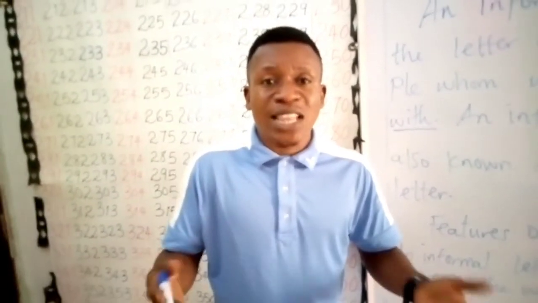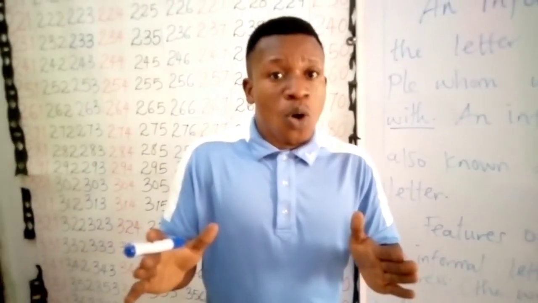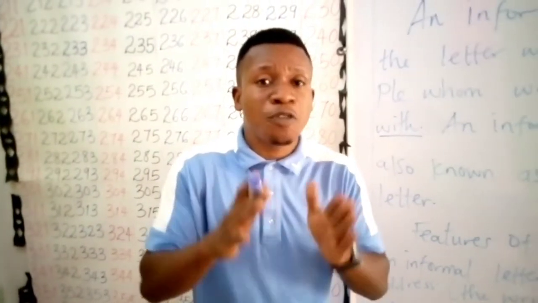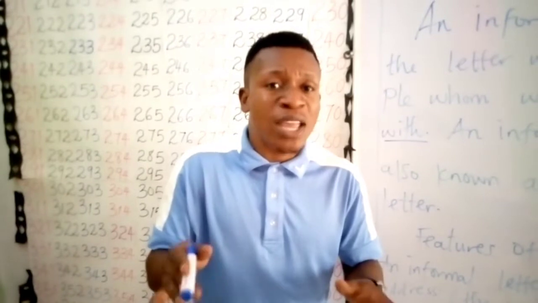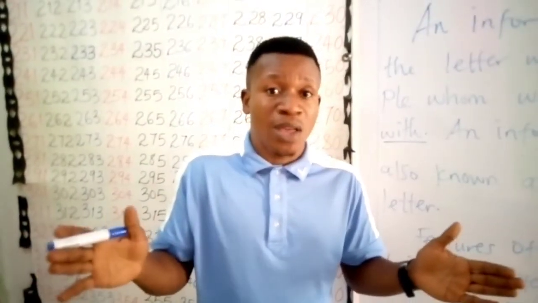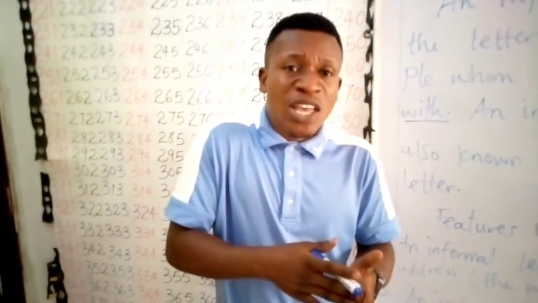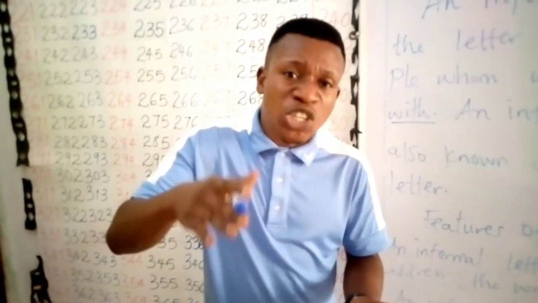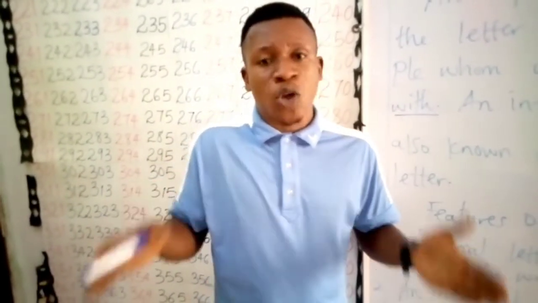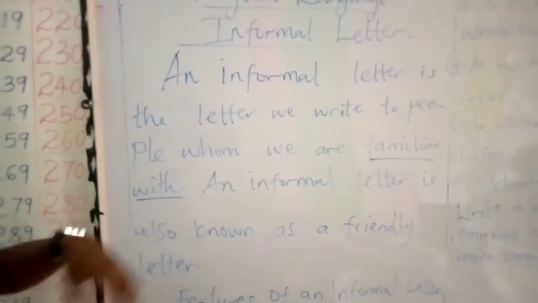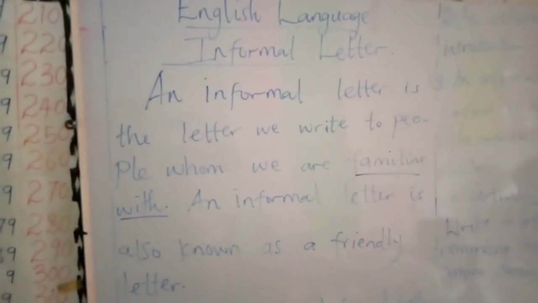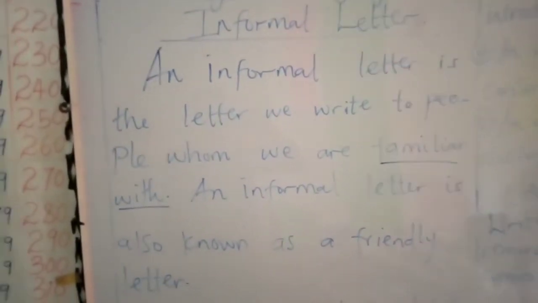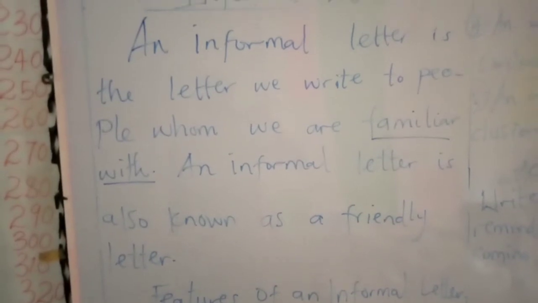So it's unlike the formal letter where you have to be formal. You have to pick your words because these people you are not familiar with, and you're writing in respect to the position or authority they are occupying. So that is why it's different from this. In this case, you are free to freestyle your usage of language. You are free to write freely without any interruption.